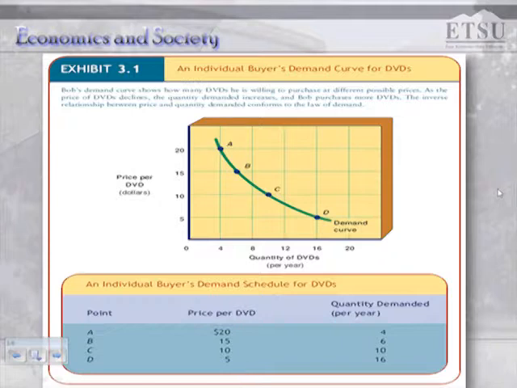If the price falls to $15, then he will buy 6 units. So his demand for the good, the number of units that he wishes to purchase, increases as the price falls. If the price falls again to $10, then this consumer will increase his demand to 10 units. Finally, at a price of $5, he'll buy 16 units.